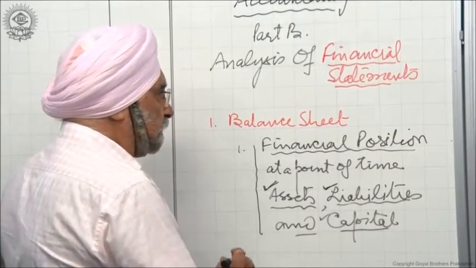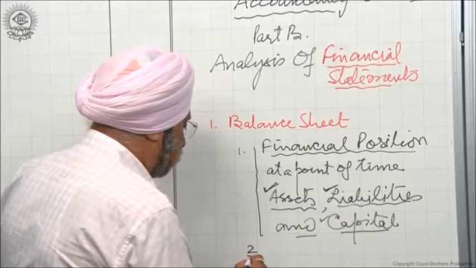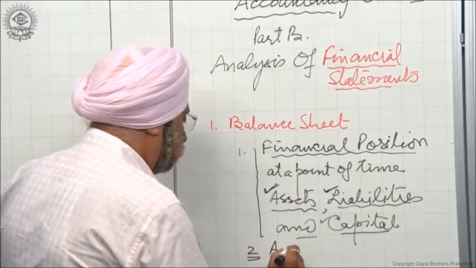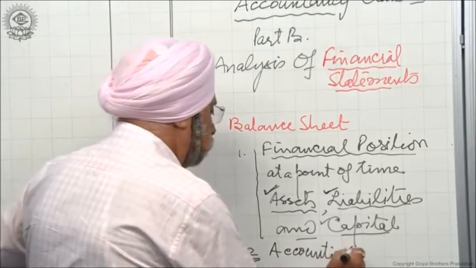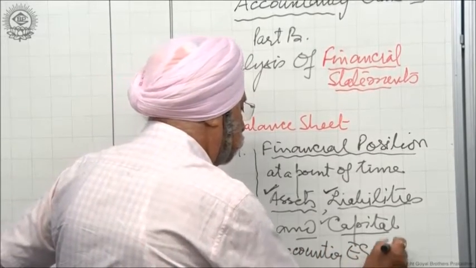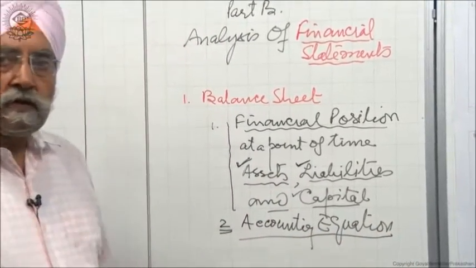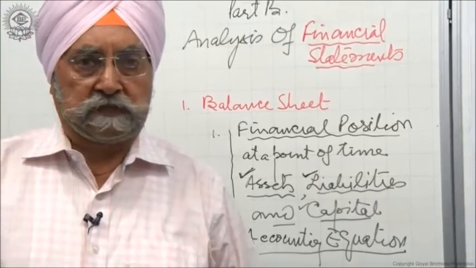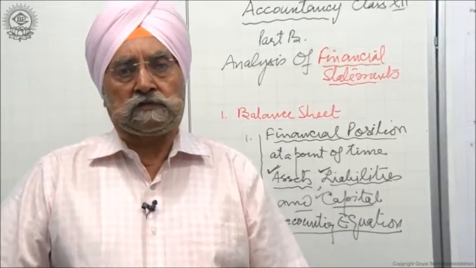Then it is in the form of accounting equation. Accounting equation you have studied in your 11th class. What were the elements of the accounting equation?